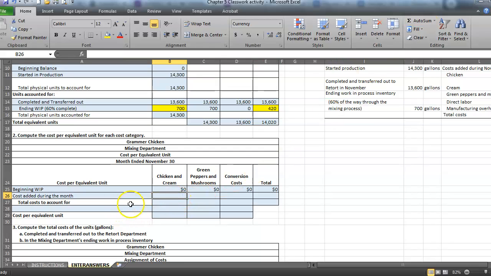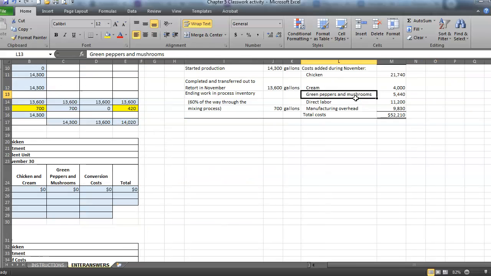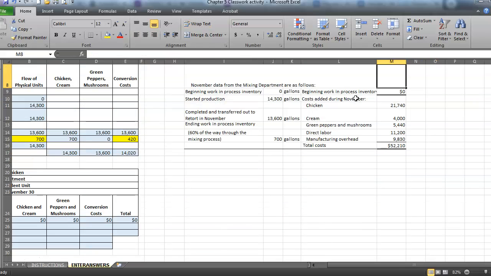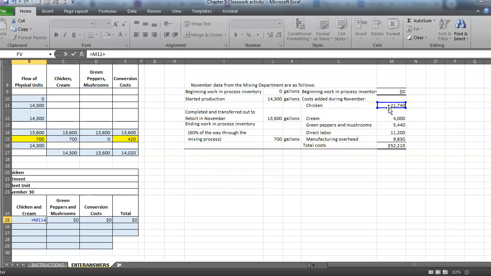Now, costs added during the month. According to the spreadsheet, let's look at that. I'm going to go back to the spreadsheet, and it gives me costs added during the month in different categories. Chicken and cream are going to be together, so I'm going to add chicken plus the cream.